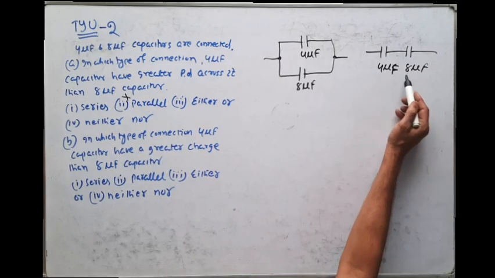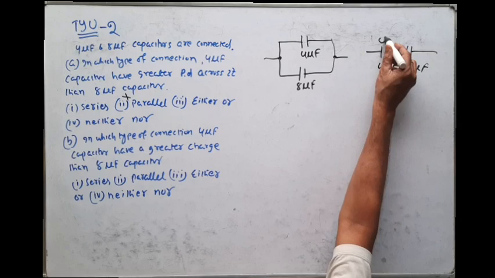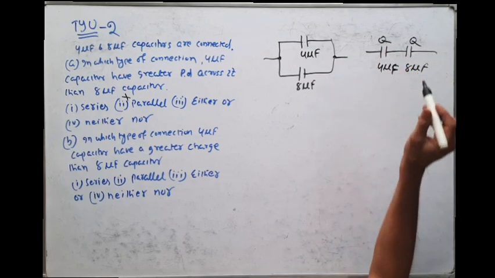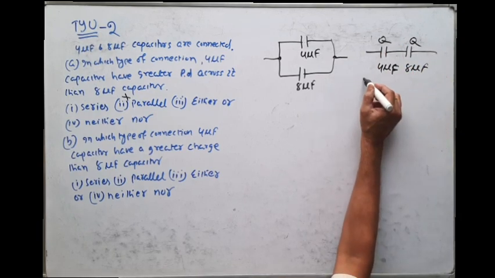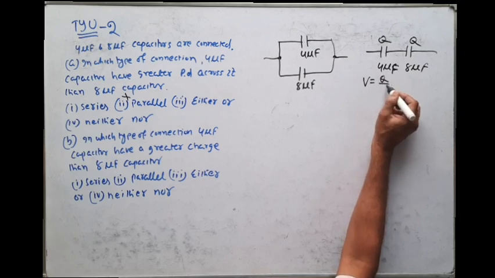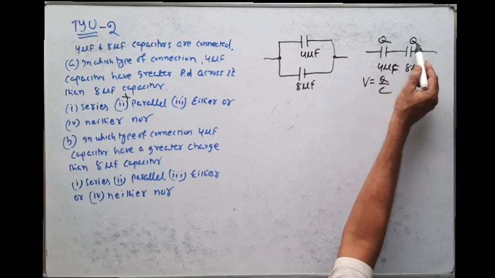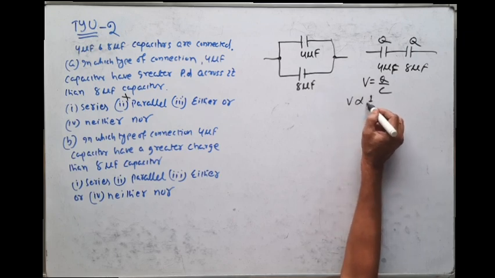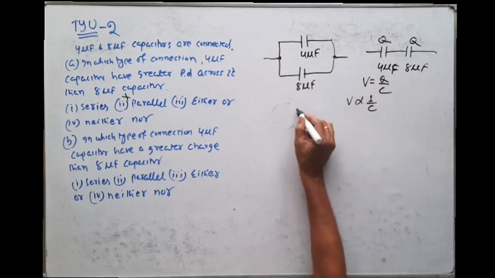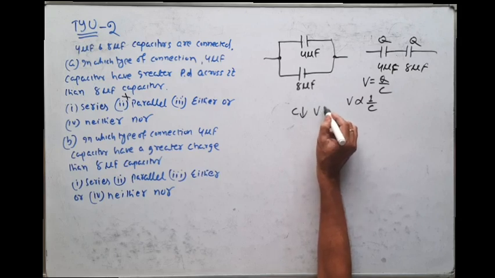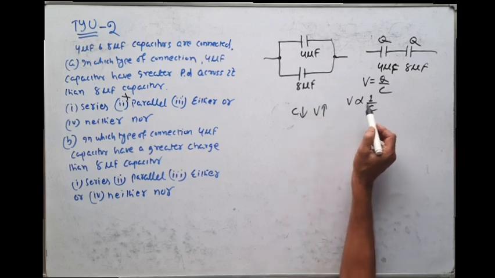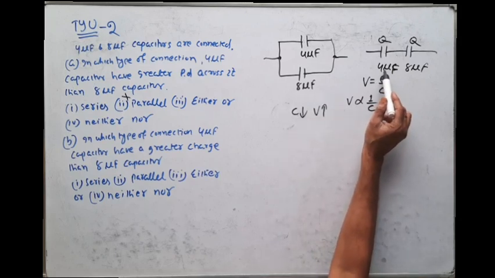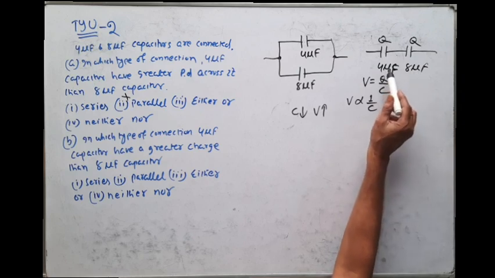Come to series. In series, you know, charge across each capacitor remains same. But what is the potential difference? V is equal to Q by C. Since in both cases charge remains same, I can say V is inversely proportional to capacitance. So if capacitance decreases, potential increases. So that means the capacitance out of this, 4 microfarad, is low.